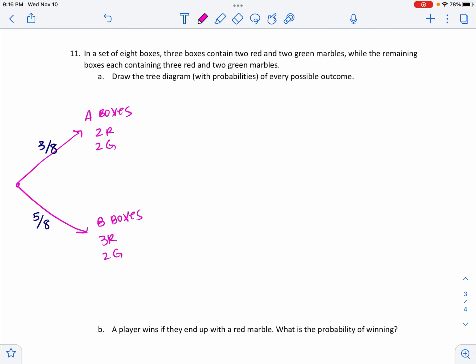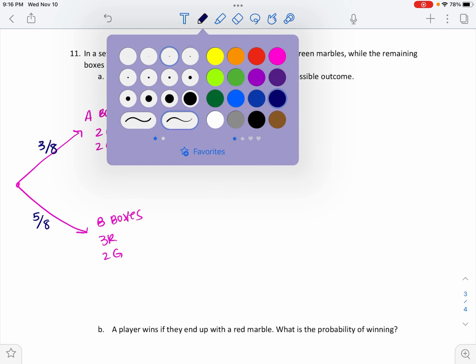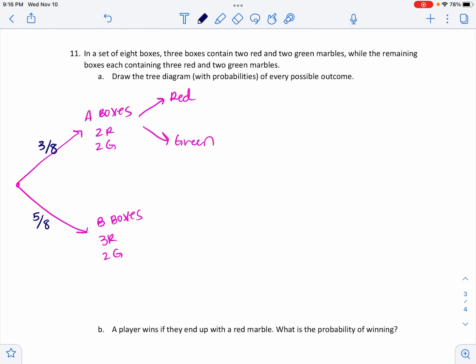All right, now within each box, after I choose a box, there's different probabilities of either selecting a red marble or a green. So the A box, 2 things can happen. I could select a red marble or I could select a green. The probability of selecting a red in the A box is a 2 out of 4 or 1/2 probability.